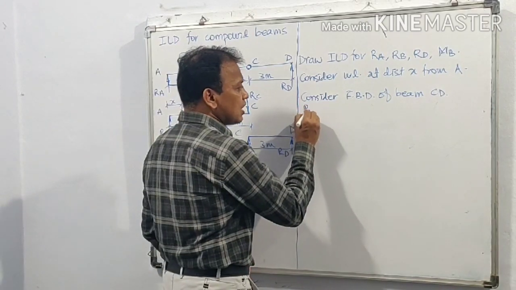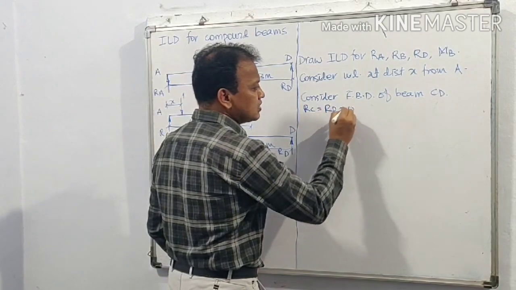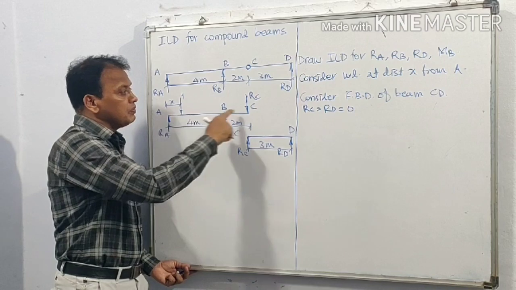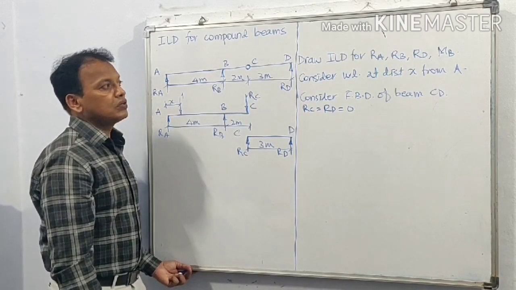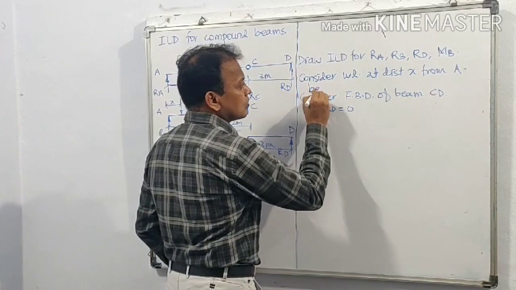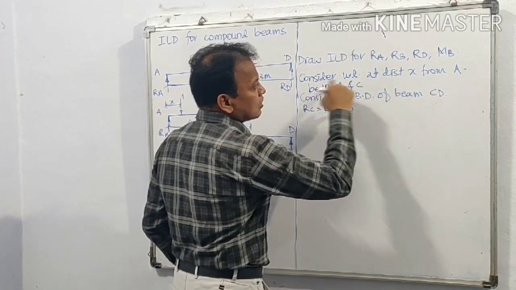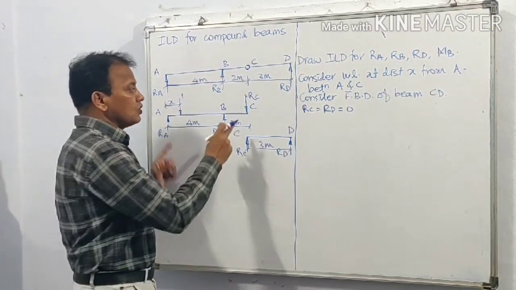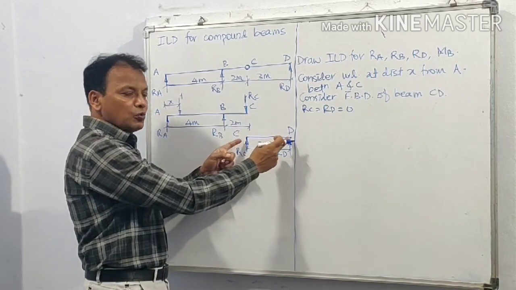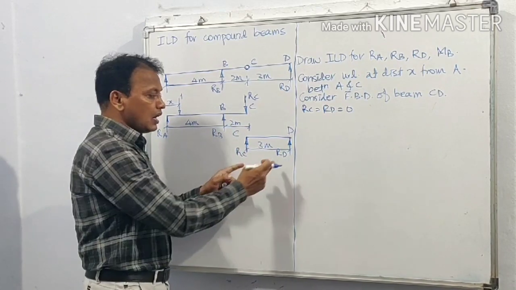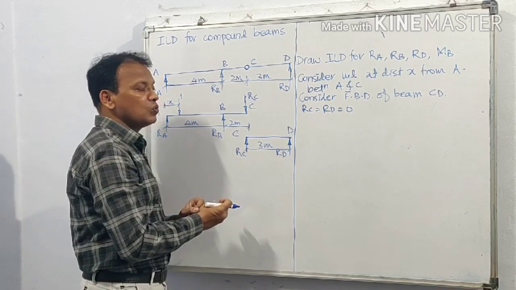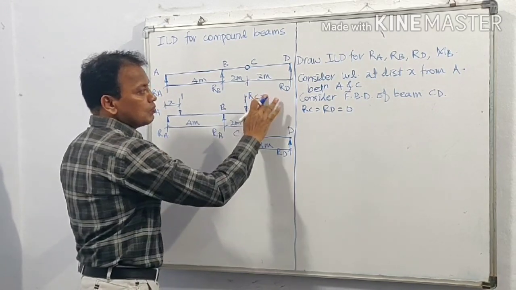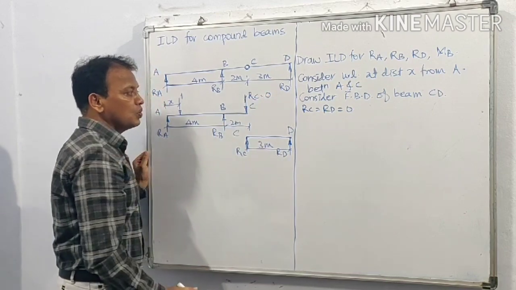So we can write here RC is equal to RD is equal to 0, when the unit load is anywhere between A and C. Consider a unit load at distance x from A between A and C. When the unit load is between A and C, obviously there is no load on beam CD, and therefore the reactions at C and D are equal to 0. Now we know RC is equal to 0, because here we have calculated RC is equal to 0.